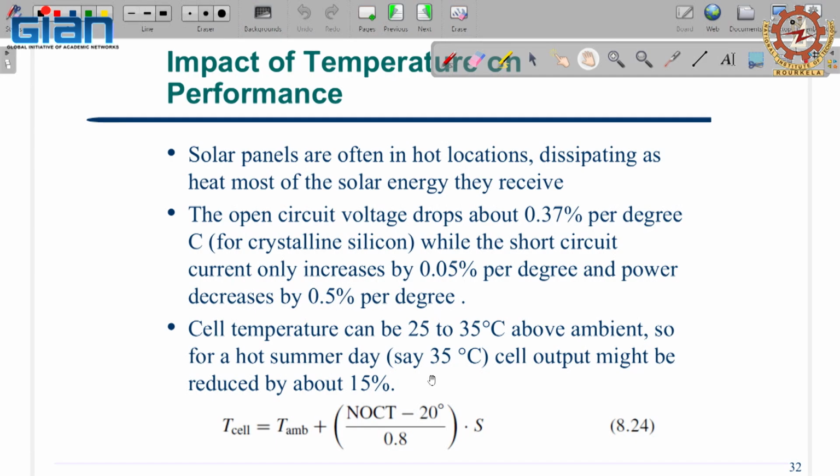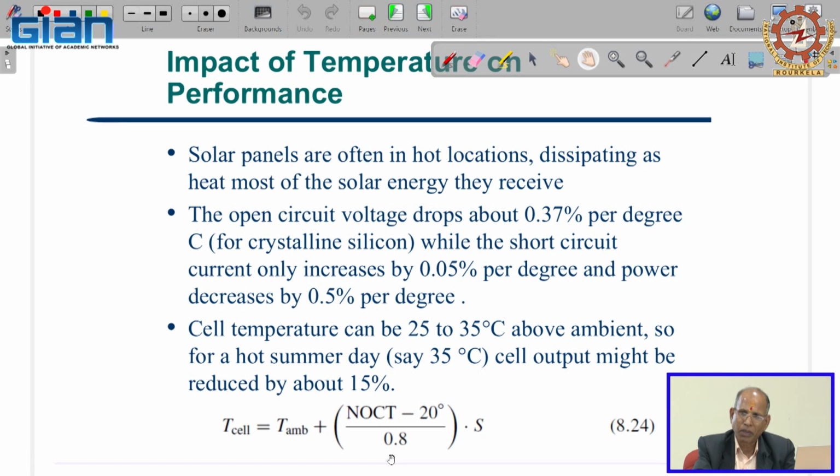How much will be the cell output? How do you calculate the cell temperature? T cell = T ambient + ((NOCT - 20) / 0.8) × S, where S is the solar insolation.